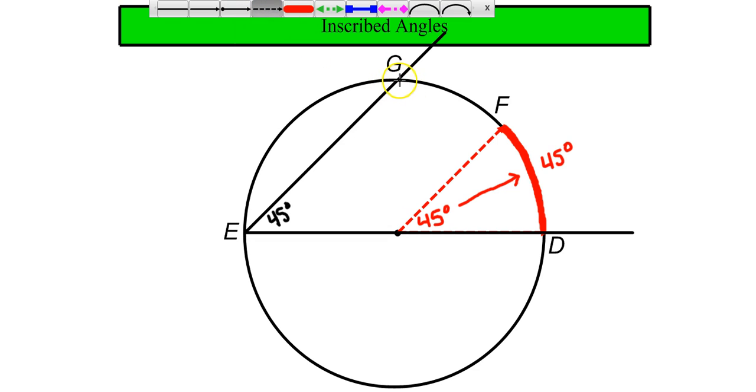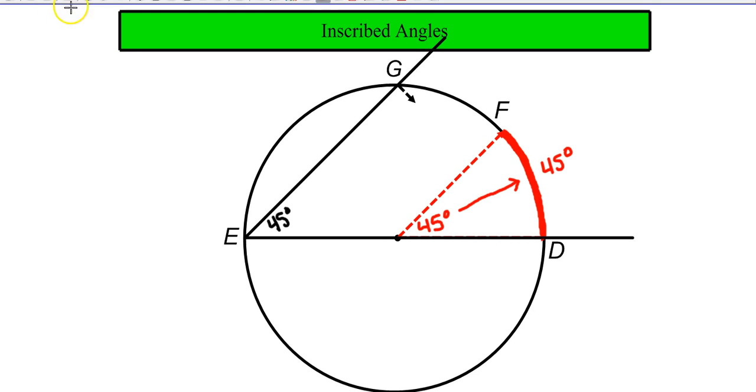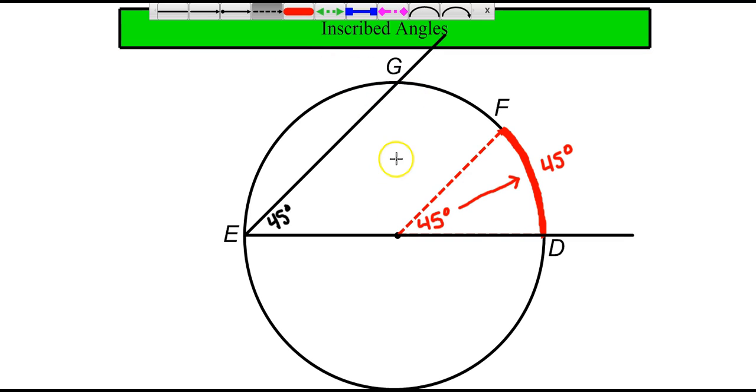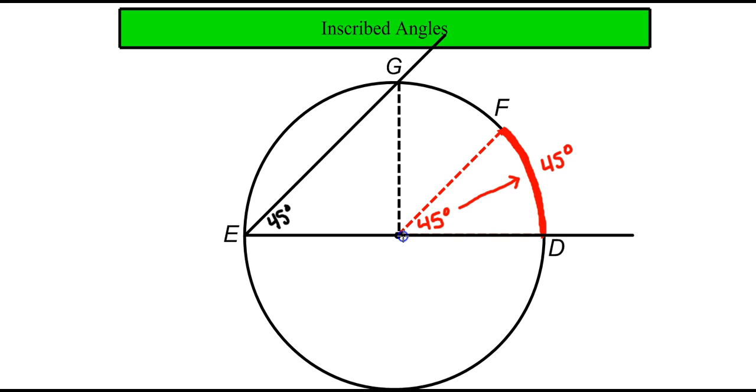If I take this intersection right here and drop it straight down so that it hits my center, then this is a vertical line and this is a horizontal line, so our central angle is now a 90-degree angle, and the arc that it projects to has also got to be 90 degrees.